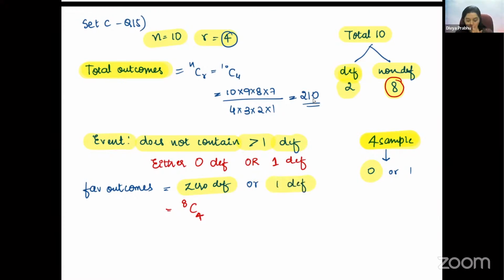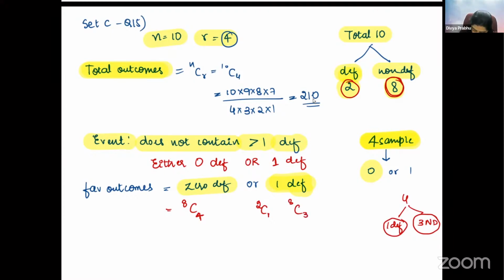Second part of the question. Out of 4 components, 1 component will be defective, which means out of 4, 1 defective means the balance 3 will be non-defective. So how to write this? I want 1 defective out of 2 defective, so 2C1. Then I want 3 non-defective out of 8 non-defective, so this will be 8C3.